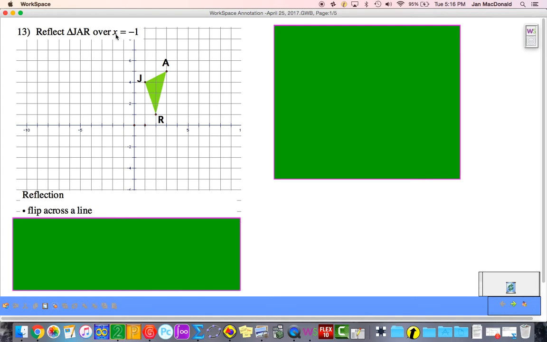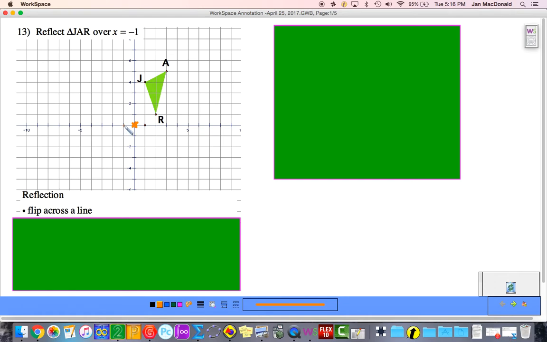What does the line x equal to -1 look like? Well, for every point on that line, the x value is equal to -1. Let's identify our origin. On every line there are infinitely many points, and all of our points will have an x value equal to -1.